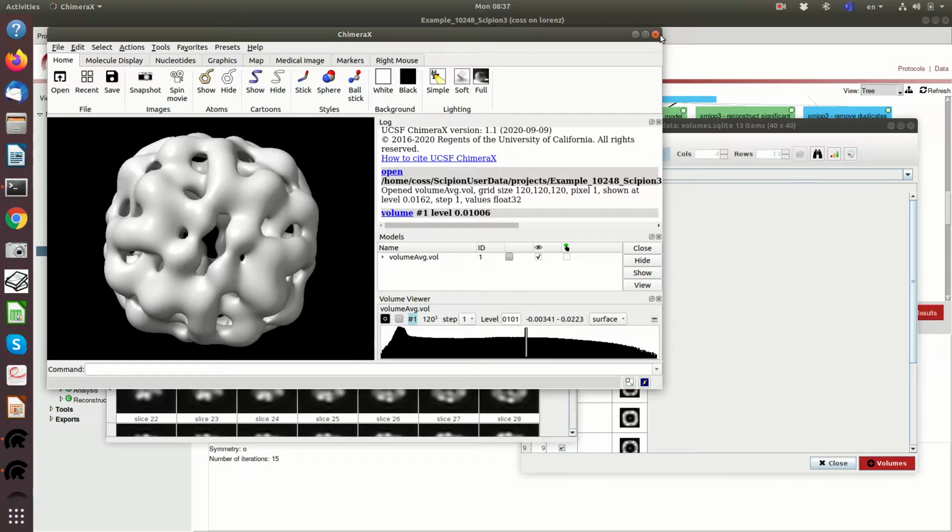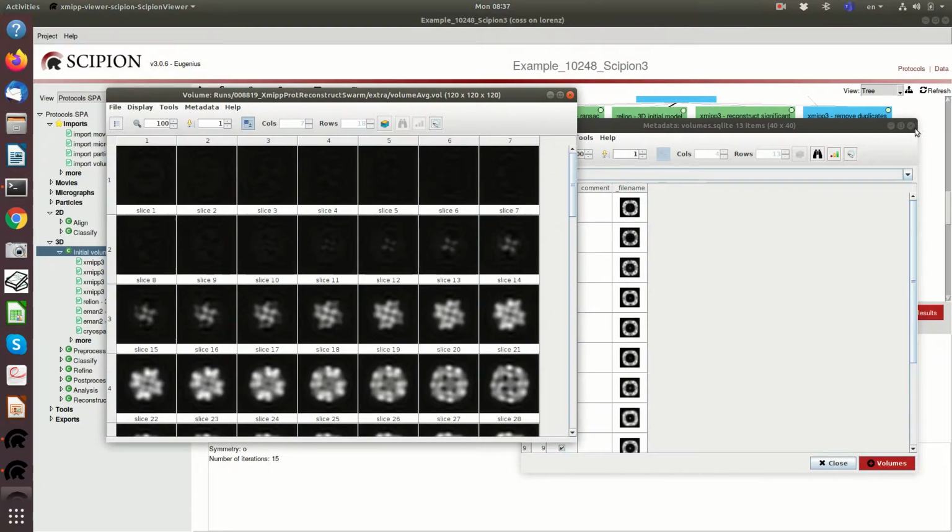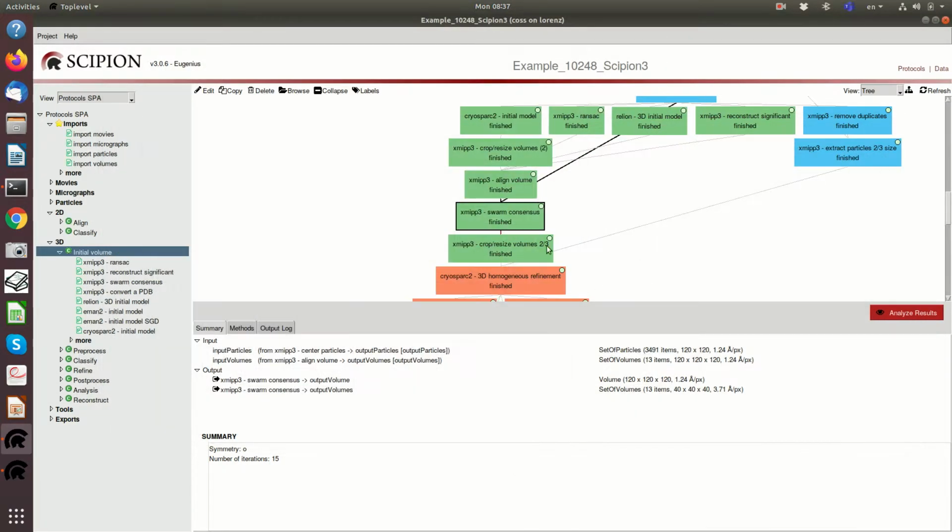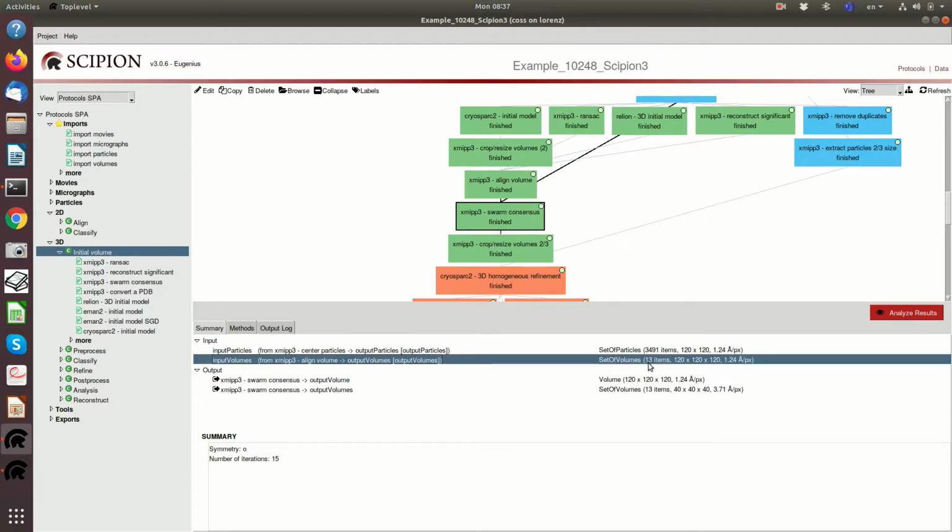There were 13 volumes at the input. Only 2 of them have these four corners, and the algorithm has been able to decide that these four corners are the right property of this structure. And very often it produces the right results. It doesn't mean that it will always produce the best results.